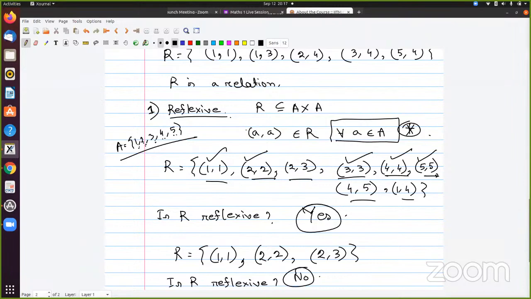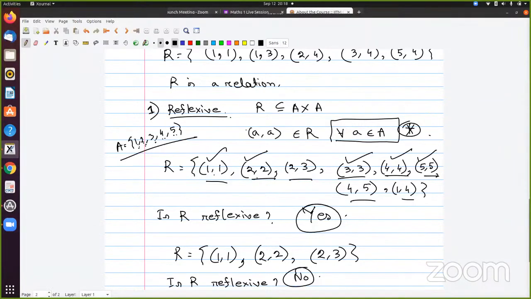Every identity should be there: 1 comma 1, 2 comma 2, 3 comma 3, 4 comma 4, 5 comma 5. There can be some other element also, but at least those 5 elements should be there. Identity here means just referring to 1 comma 1, 2 comma 2.